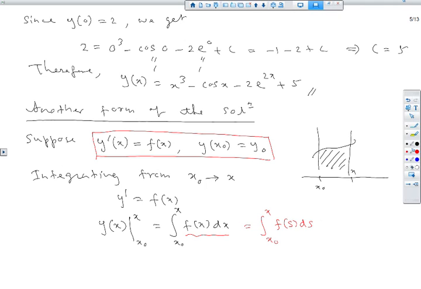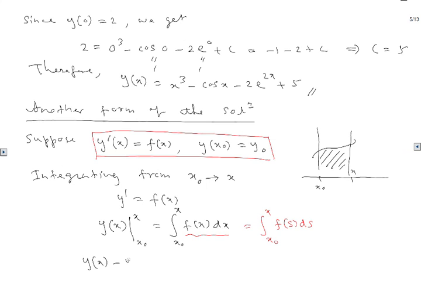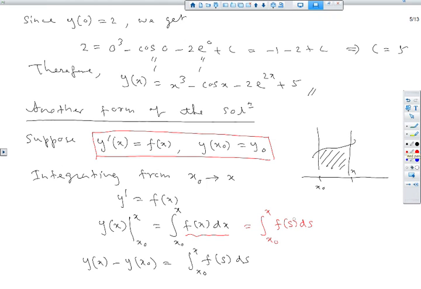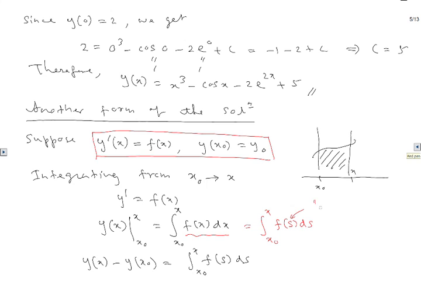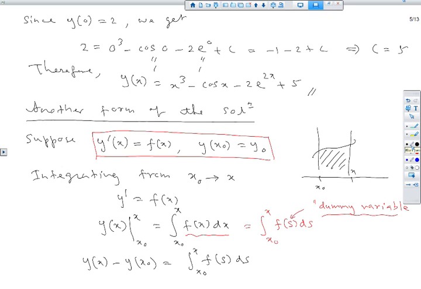And from the other side, if you plug in the limits, it's going to be y(x) minus y(x0). That's what you get on this side. And then here it's going to be the integral from x0 to x of f(s) ds. These kinds of variables are what we normally call a dummy variable.